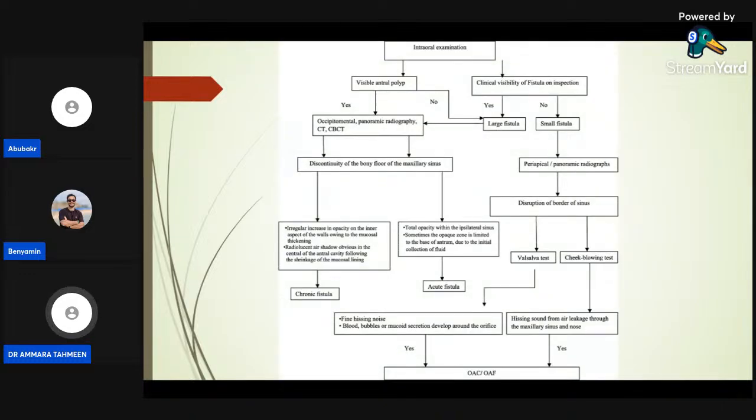During intraoral examination, if you are seeing these polyps through the communication, then you should go for a radiograph such as occipitomental radiograph, panoramic radiograph, CT or CBCT.